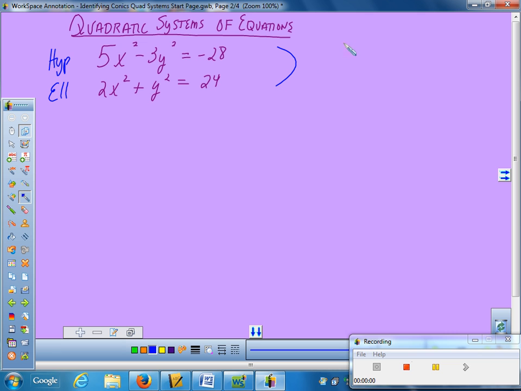If you had a hyperbola, how many times could an ellipse intersect it? If it went across both of them, yeah, you could have 1, 2, 3, 4 points. Could it ever be more than 4? Could it be less than 4? Can it be 3?